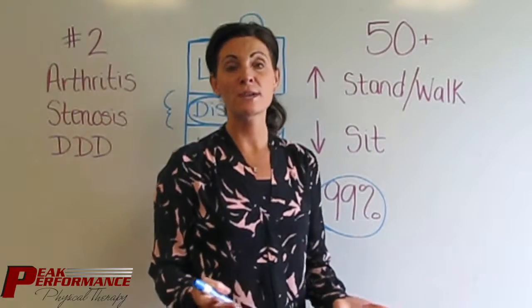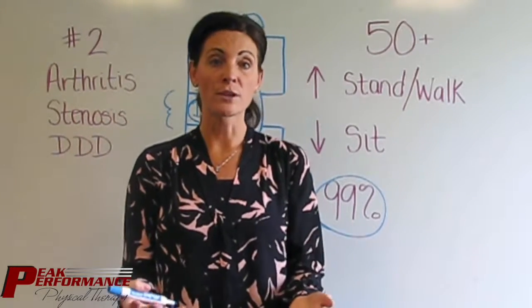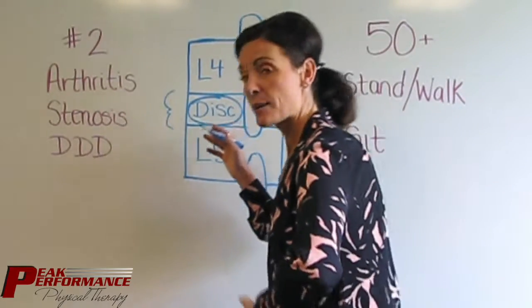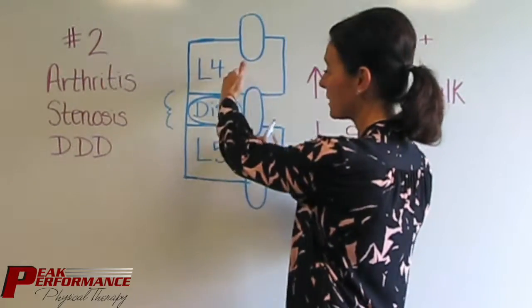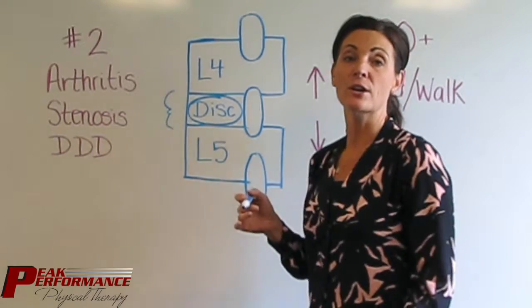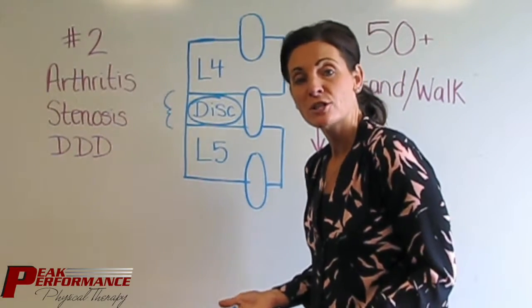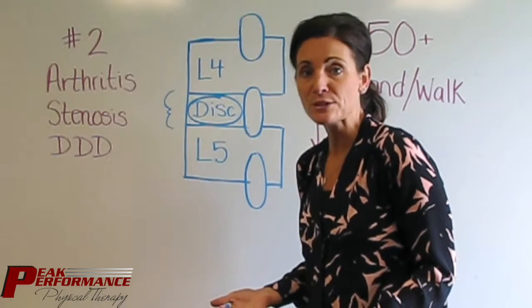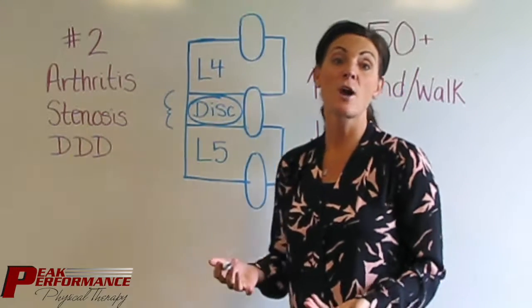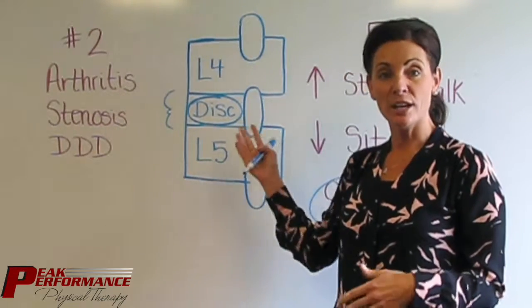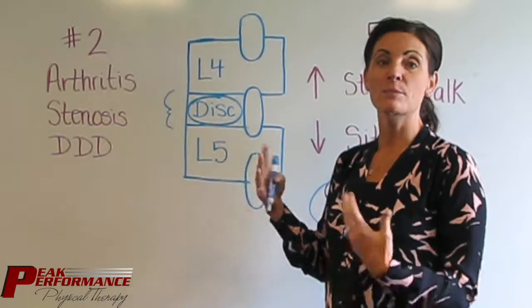The reason they're doing that is that leaning forward opens up this space. If I bend forward, this opens up the space in through here, and the pain is relieved because they're not pinching on the nerve anymore. They have the pain when they're standing or walking because when they lean back or stand up tall, the space closes down and it pinches the nerve.